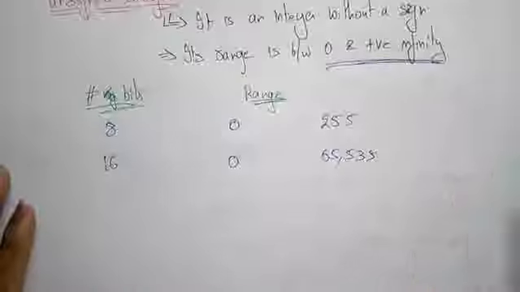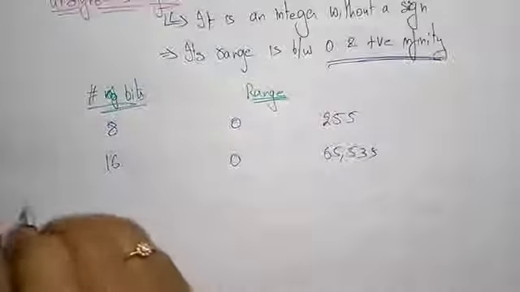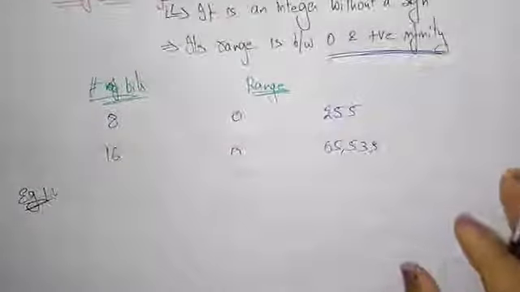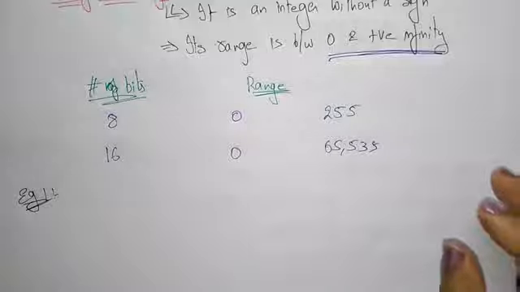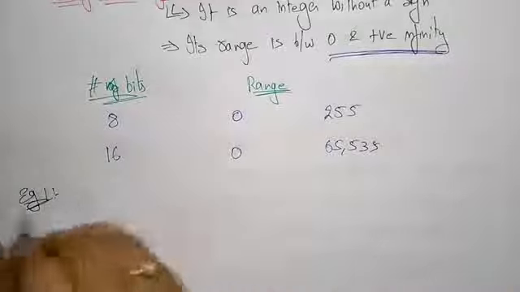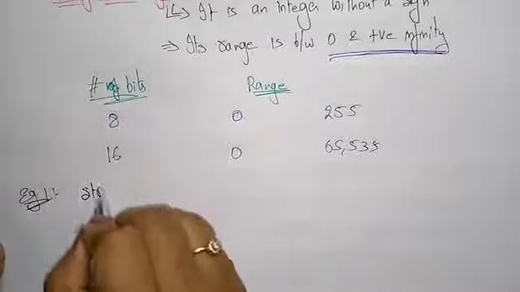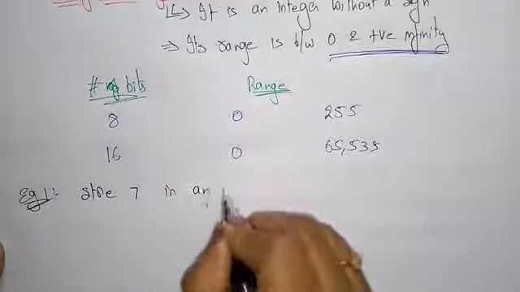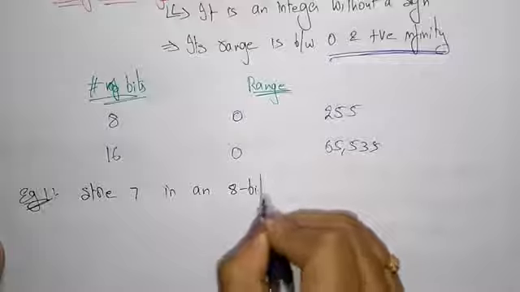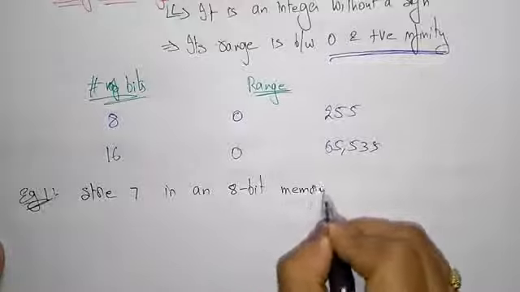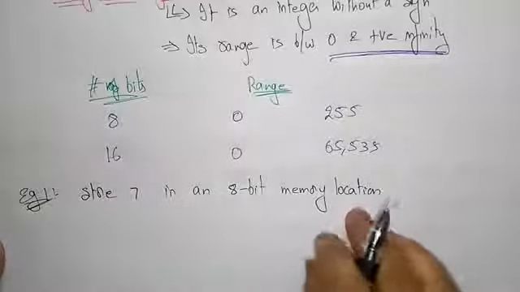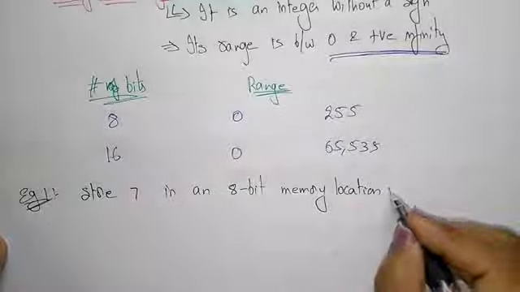Let us see an example. I'll take two examples for each integer representation. First example: store 7 in an 8-bit memory location. What do I have to do?